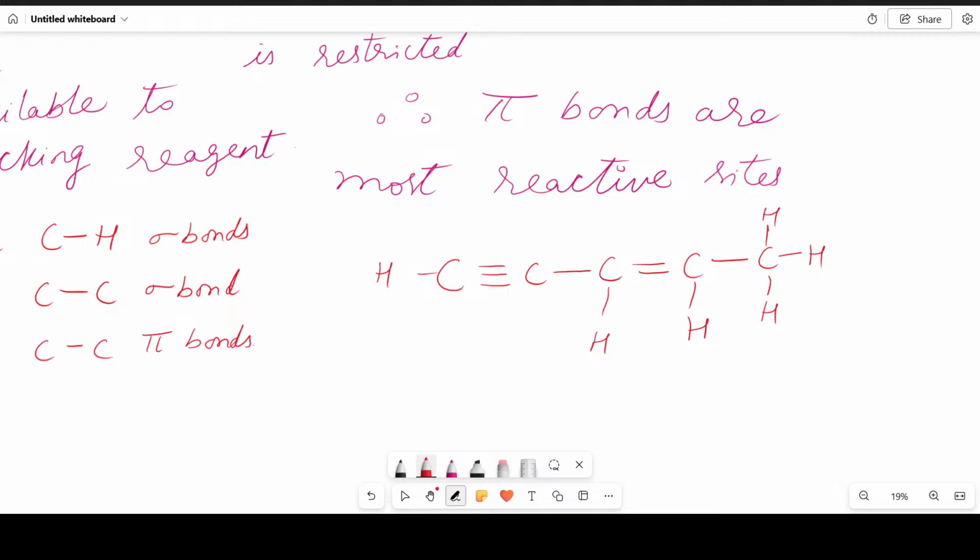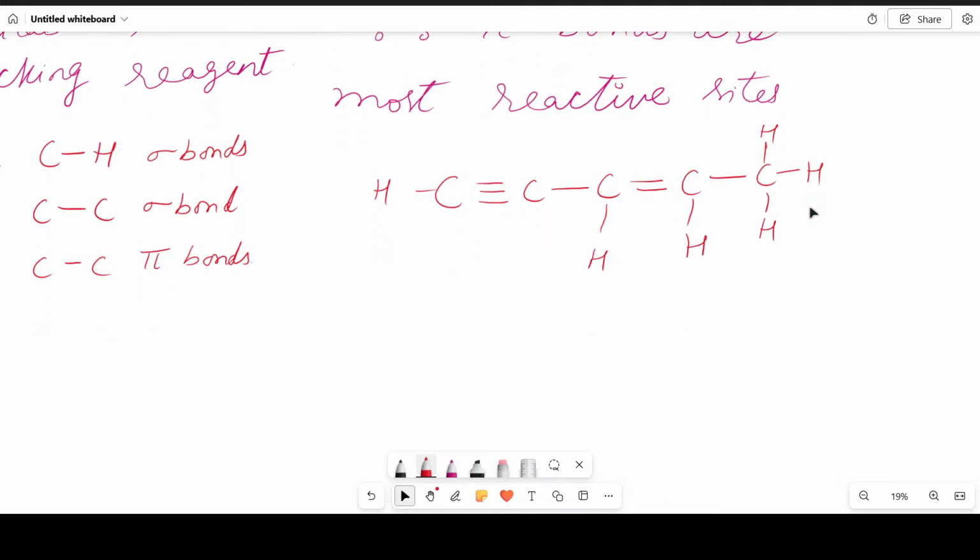Alright. Now I hope you all tried it by yourself. Now let us understand. How many sigma bonds are there? Totally there are 10 sigma bonds, including carbon hydrogen and carbon carbon. Next, there are 3 pi bonds.